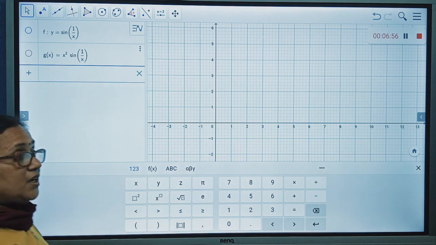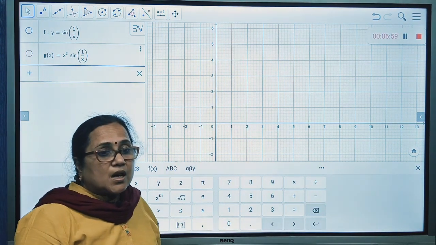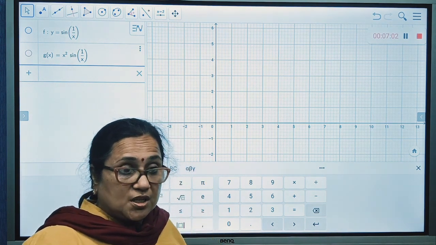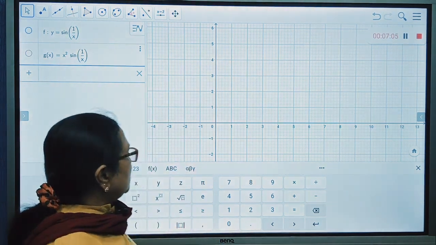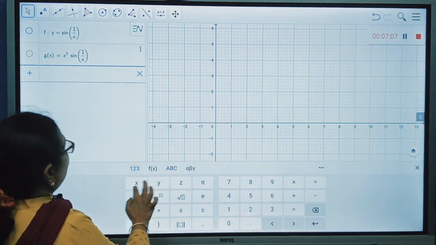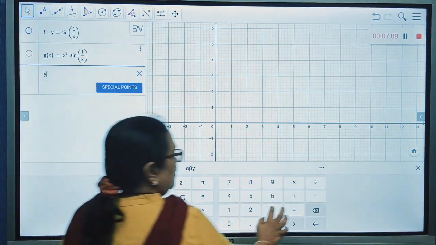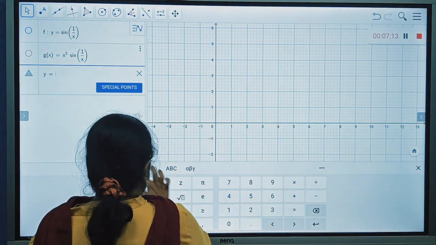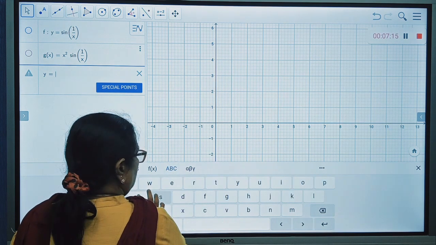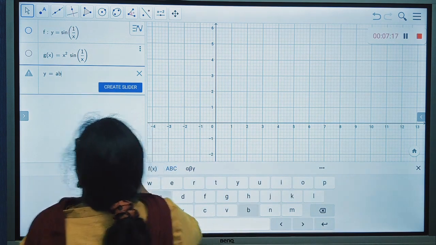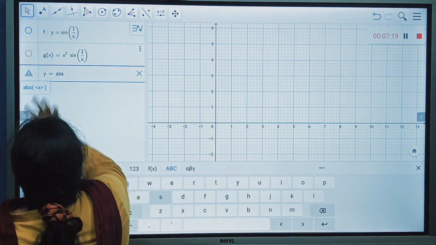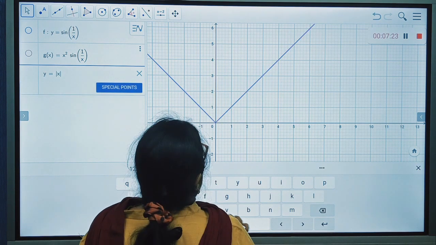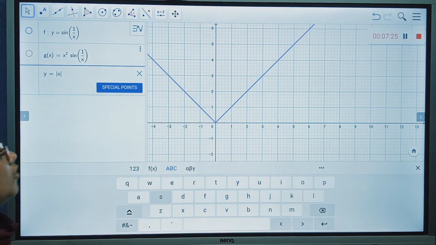In my earlier video, we also discussed how the behavior of sum of two modulus functions looks like. Even before that, how does a graph of a modulus function look? y equal to absolute value of x, so this is y equal to mod x.